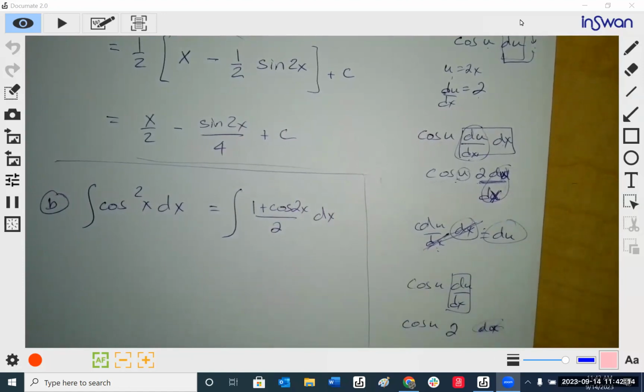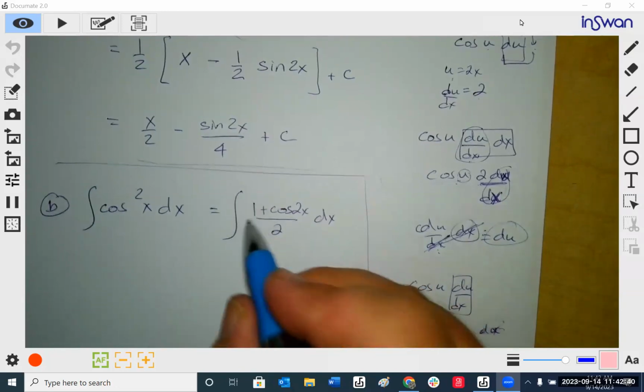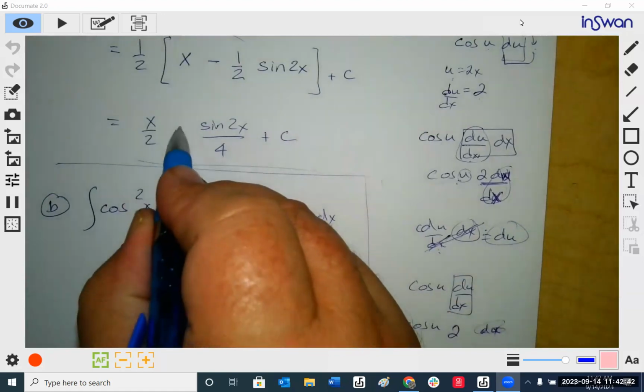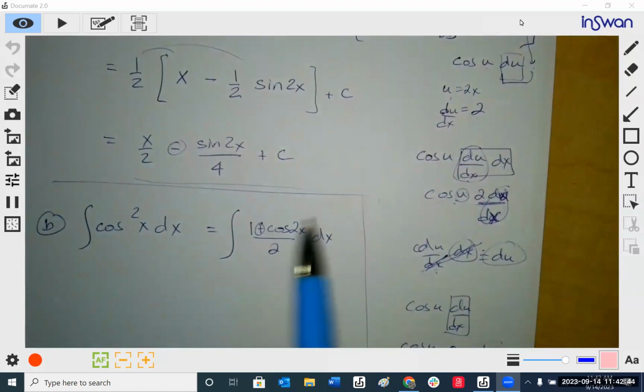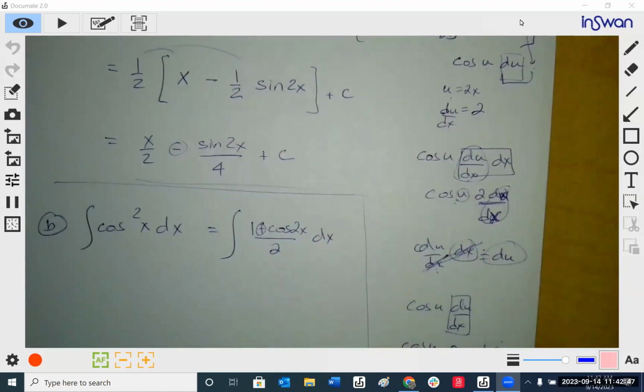Right. And we do the same thing from here on out. So what's going to be different in the answer here? That sign changes from negative to positive.